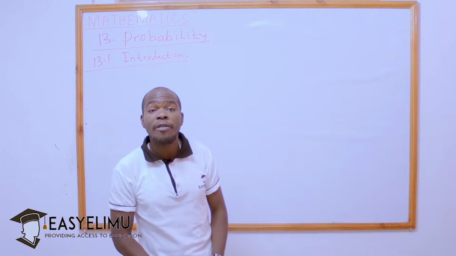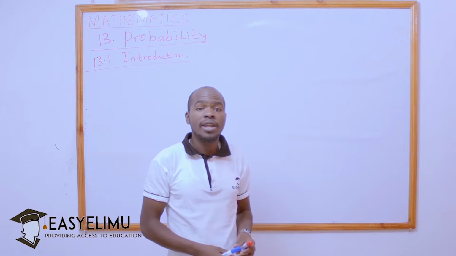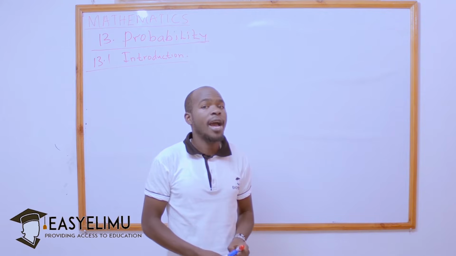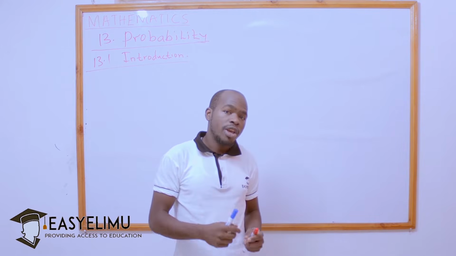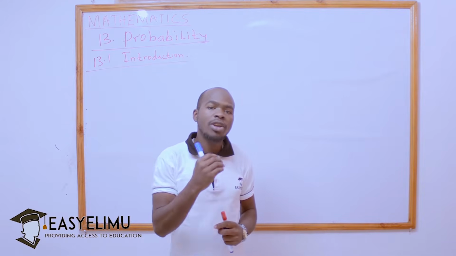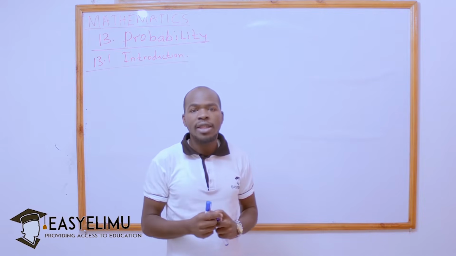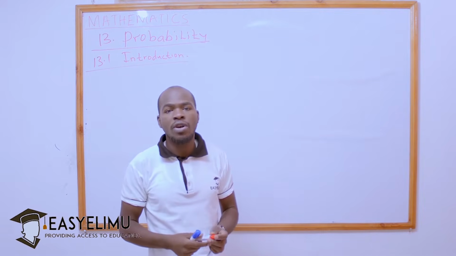The occurrence of an event may depend on the past experience of which the event had happened earlier. So, if we measure it that way, the likelihood or the chances of that event to occur is what we shall refer to as probability.